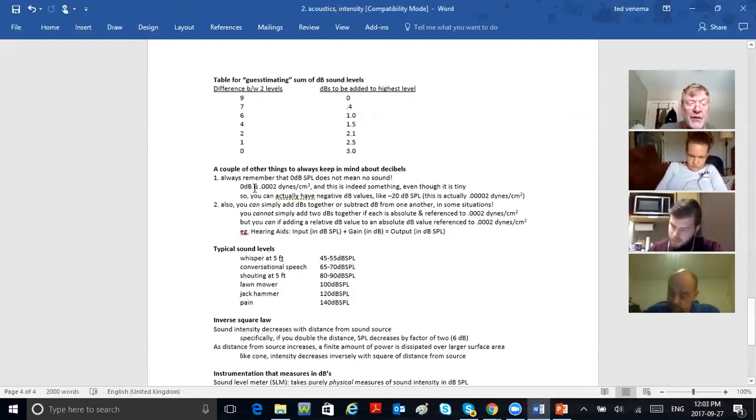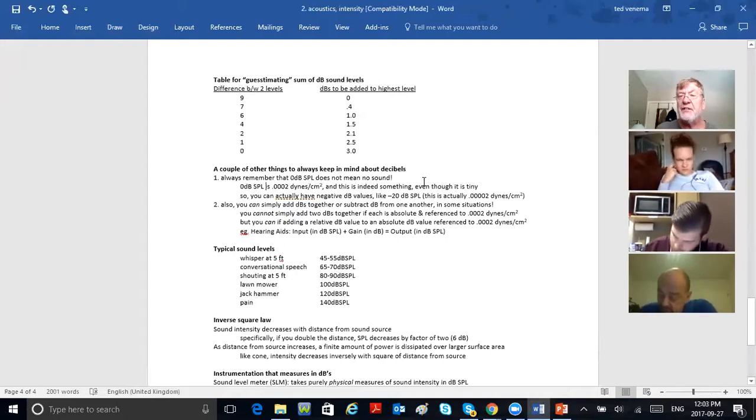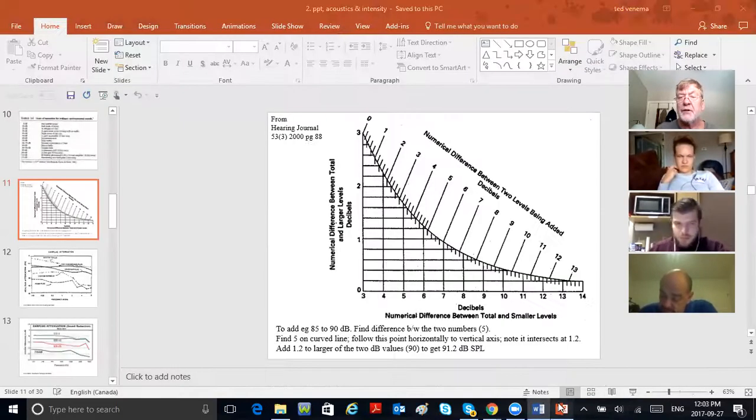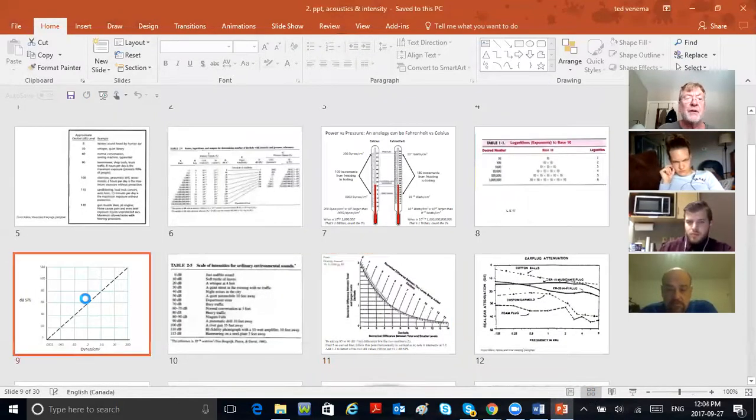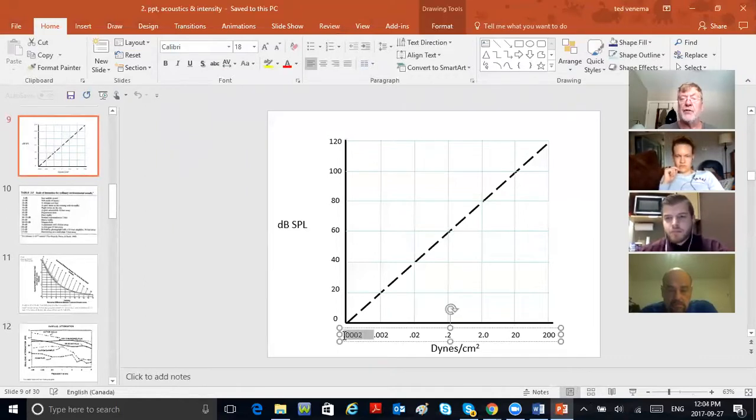0 decibels SPL is 0.0002 dynes per centimeter squared, and this is indeed something, even if it is tiny. Look, if I go to the picture here on your notes, I can find a number smaller than 0.0002.